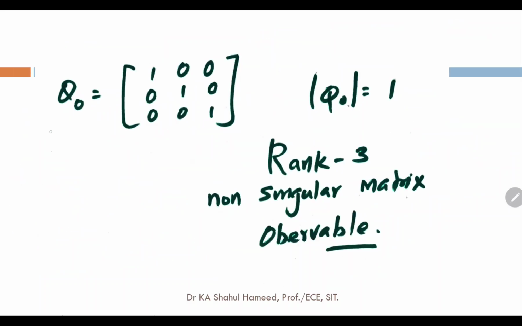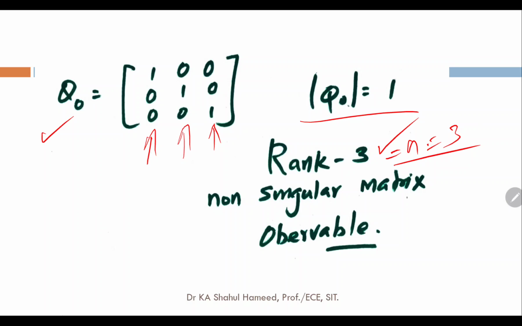So the composite matrix Q0 is equal to 1, 0, 0, 0, 1, 0 and 0, 0, 1. Now we see this is the unit matrix, so the determinant is 1. So we can conclude that the rank is 3 and it is equal to n. n is also 3. So we can say that this is a non-singular matrix and the conclusion is completely observable.